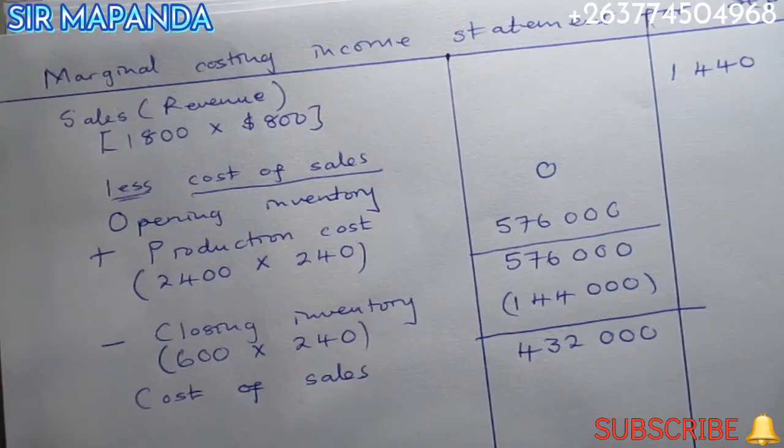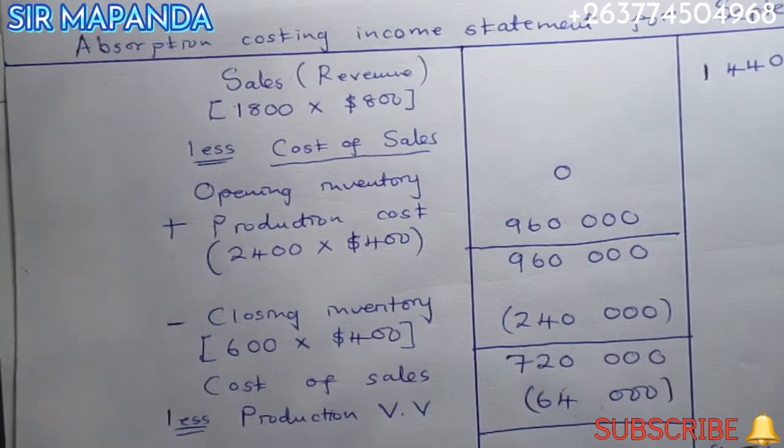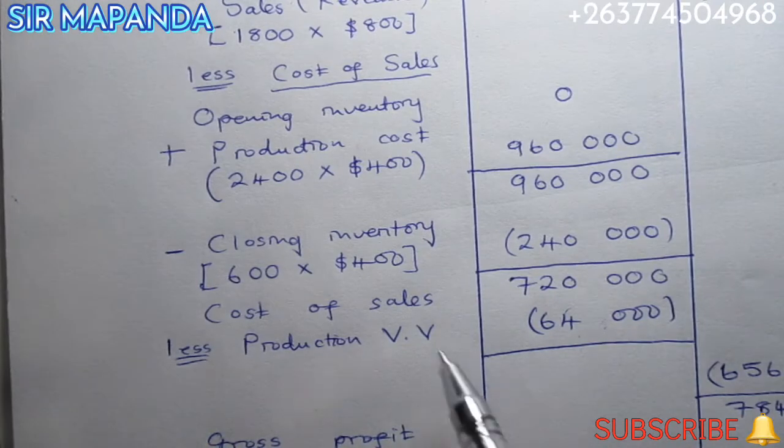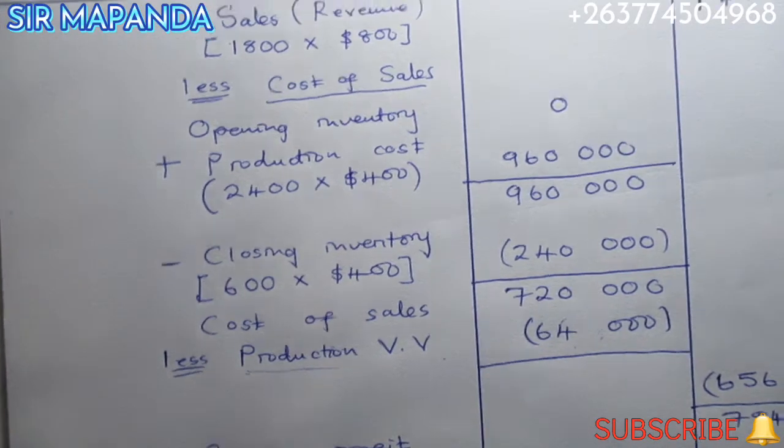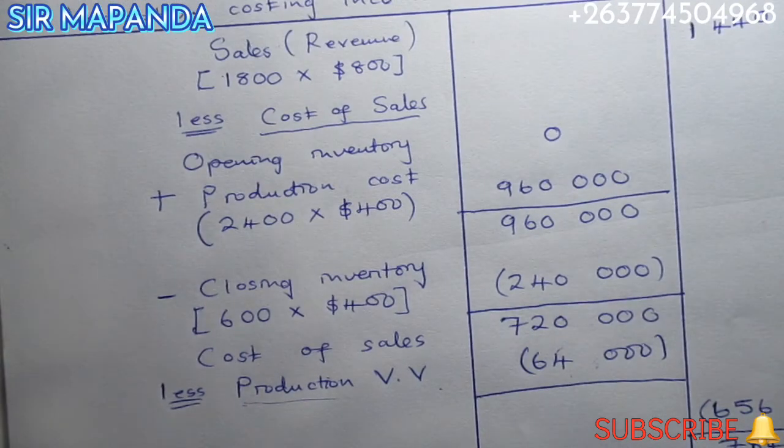Right, but I want you to notice something. In our previous income statement under absorption costing, on the cost of sales, we adjusted the production volume variance. But marginal costing is not affected by the production volume variance. So we do not have production volume variance, we do not have over recovery or under recovery under the marginal income statement.